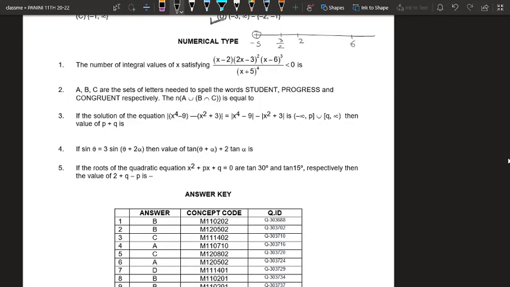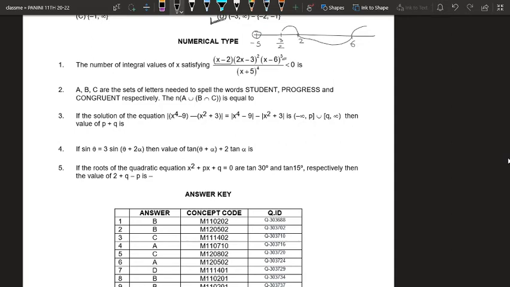Now all the coefficients of x are positive. If we start from extreme right and draw the sign scheme, this is positive, and x minus 6 is a factor having odd power, so sign change. 2 has come from this factor, power is odd, again sign change.